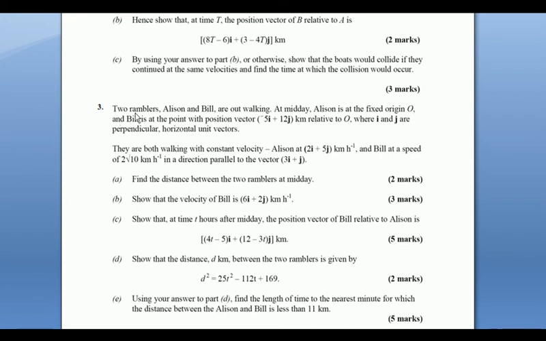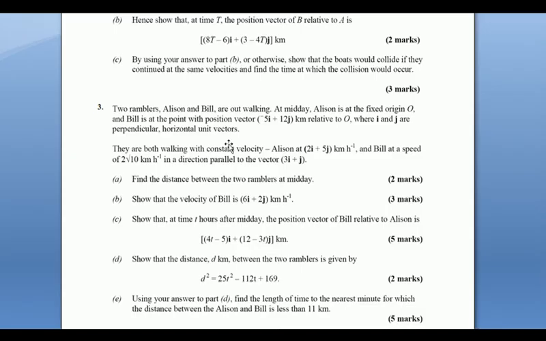This question is about two ramblers, Allison and Bill, just A and B, out walking at midday again. So t equals 0 at 12 p.m. A is at fixed position O. If A is at O, that means, let me write down the information they have given us. So OA is the 0 vector.